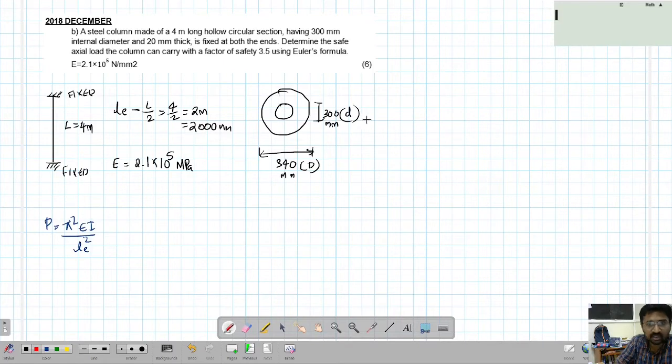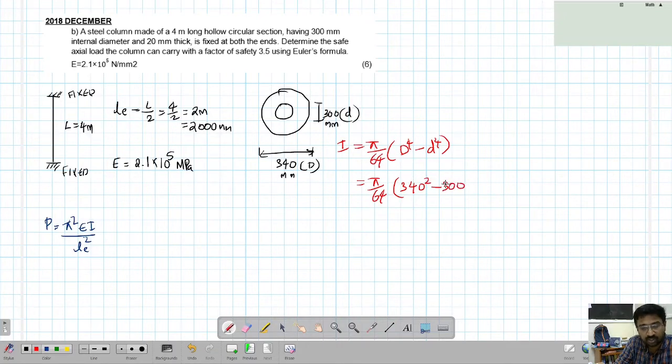Now we'll just quickly calculate the value of I. So I for a hollow circular section is given by pi upon 64 times capital D to the power 4 minus small d to the power 4. So in this case, this will come out to be pi upon 64 times capital D is 340 and small d is 300. So 340 to the power 4 minus 300 to the power 4.